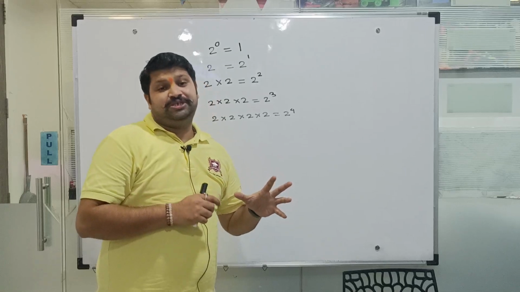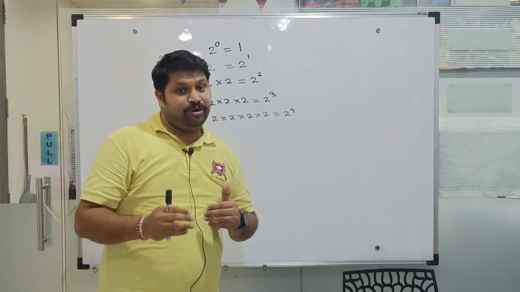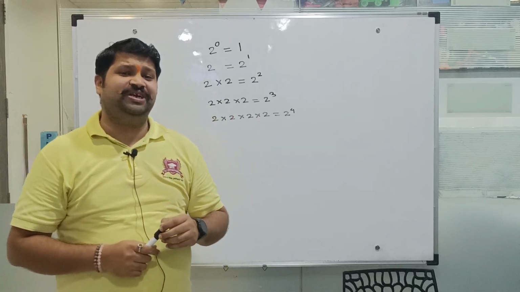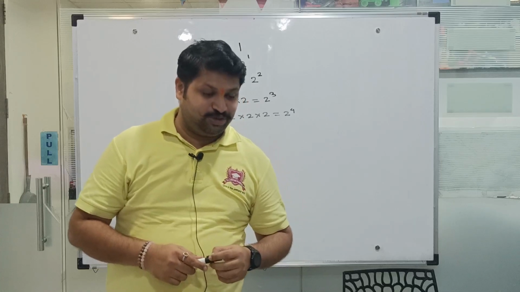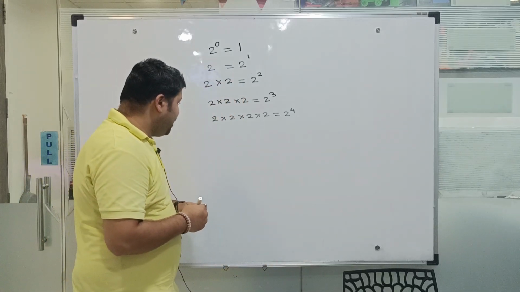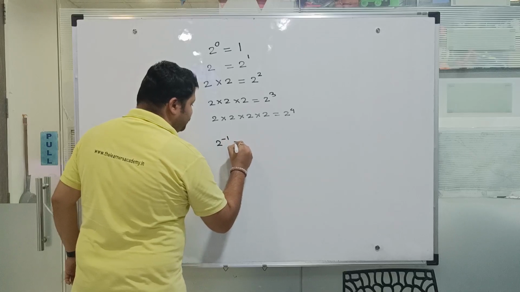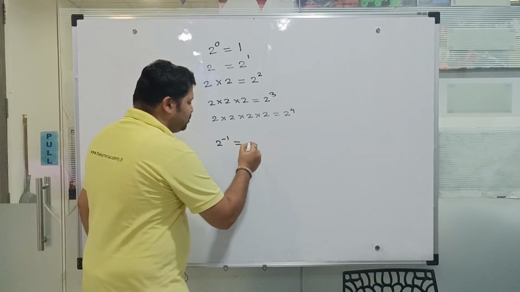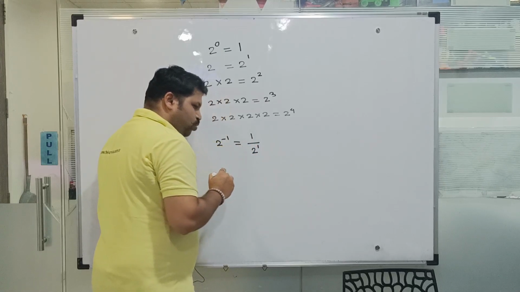Now just now we discussed what would happen if the indices are positive or 0. Now what happens if the index is negative? So again, let us try and understand this as well. So if I have 2 to the power of minus 1, it would effectively mean that it is 1 upon 2 to the power of 1.